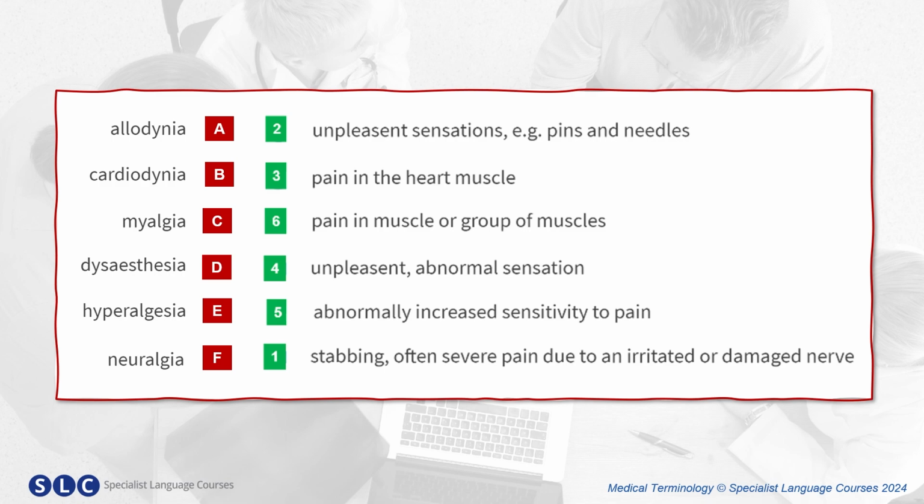Cardiodynia is a pain in the heart muscle. Myalgia is a pain in the muscle or a group of muscles. Dysesthesia is an unpleasant or abnormal sensation. Hyperalgesia is abnormally increased sensitivity to pain. And neuralgia is a stabbing, often severe pain due to irritated or damaged nerve.